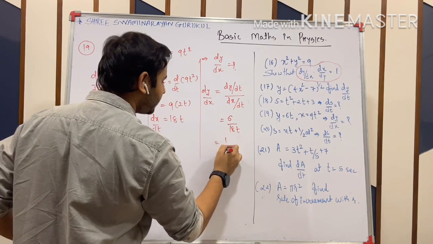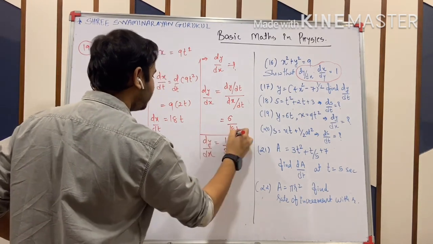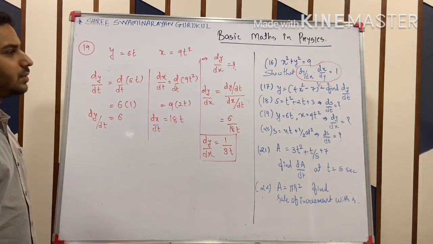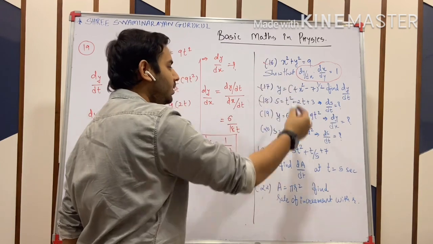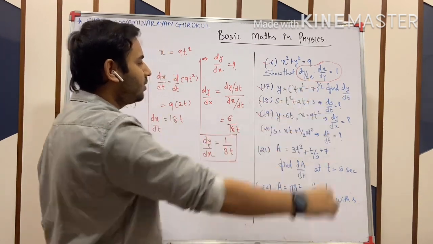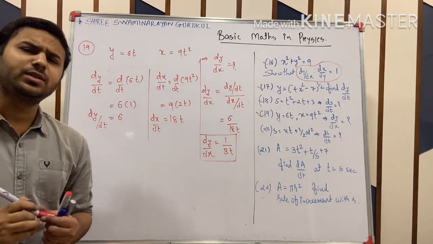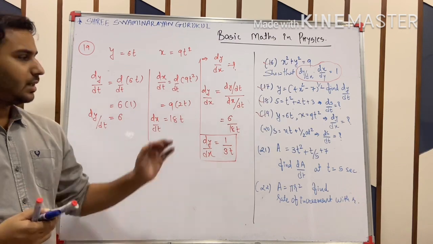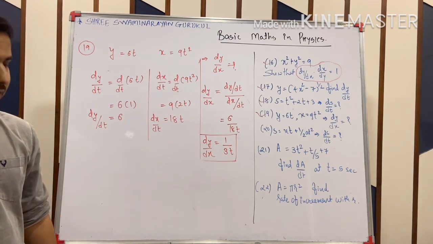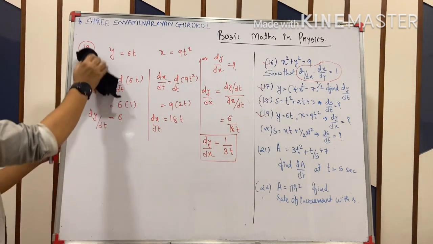The final answer is 1 upon 3t, dy upon dx. Okay, understood? Tick, tick and tick. This is also done. There were 19 questions, very easy questions. Once you get the formula, you can apply it in any differentiation question. The 20th question, I wrote this.